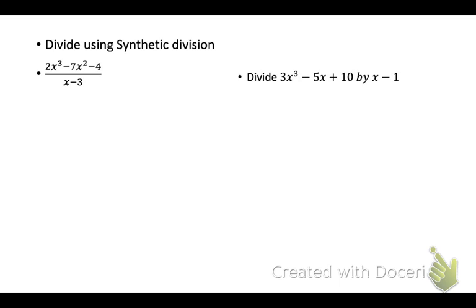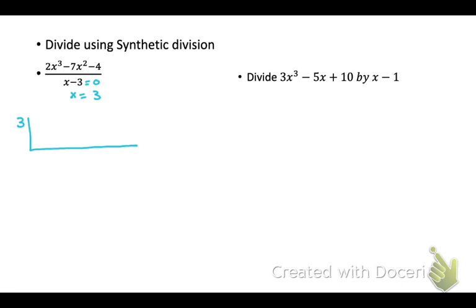Okay, so what is my divisor? I have 2x cubed minus 7x squared plus 4 divided by x minus 3. So what's my divisor? x minus 3. So I set my divisor equal to 0, so x equals 3. I do upside down division. My coefficients, are they in order?